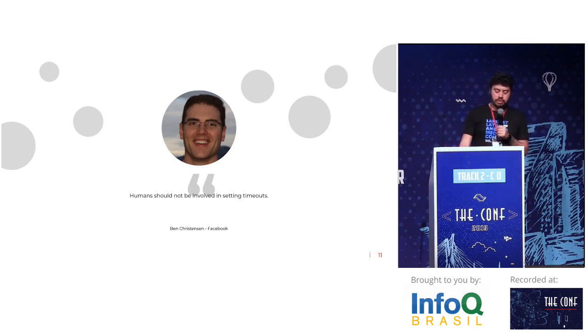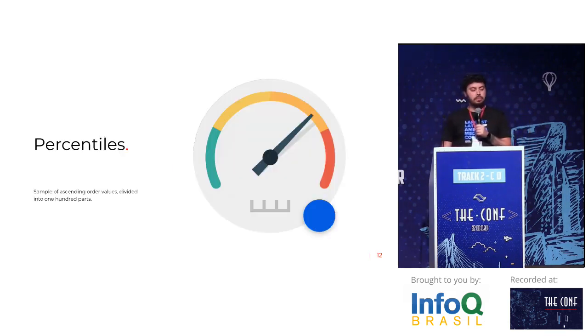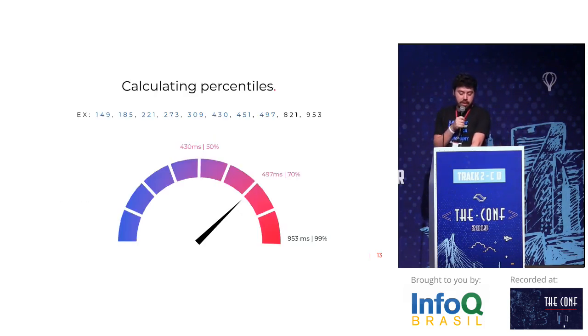A good approach to setting good timeouts is using percentiles. We use percentiles a lot inside global.com. A percentile is a sample of ascending ordered values that we can divide into 100 parts. To calculate a percentile, it's quite simple.